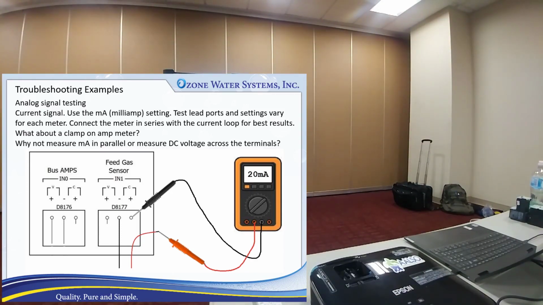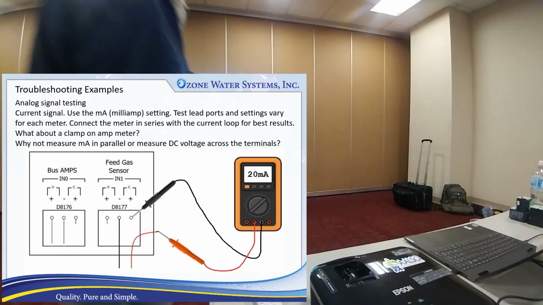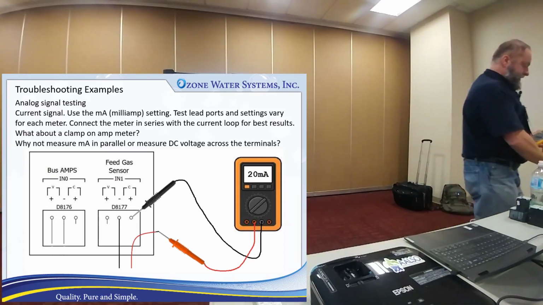So this one does. You're going to go from common, and it's got an actual milliamp port. So you don't want to measure it from the voltage. It won't give you any kind of reading. Some of them use the same terminal for voltage and milliamps. Not all of them. So you got to know your meter.